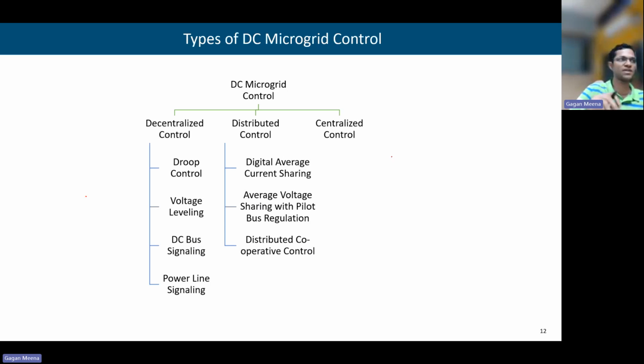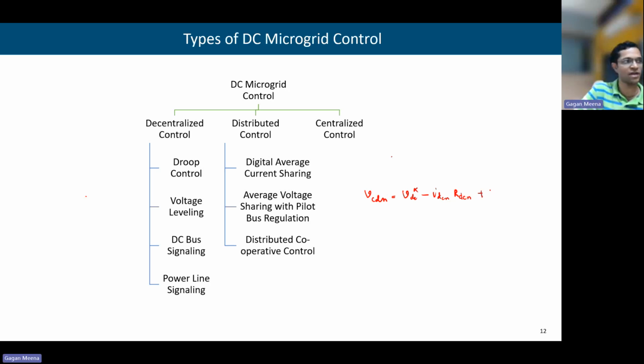And it uses communication between digital average current sharing. What it does is, in the conventional droop equation which is there, it adds one more component. We have seen VDC equals VDC star minus IDC and RDC.